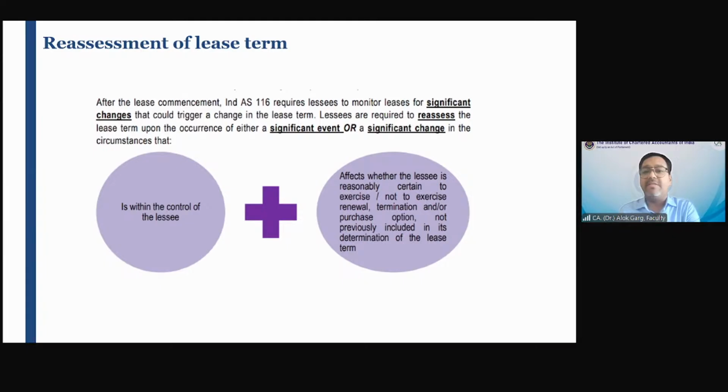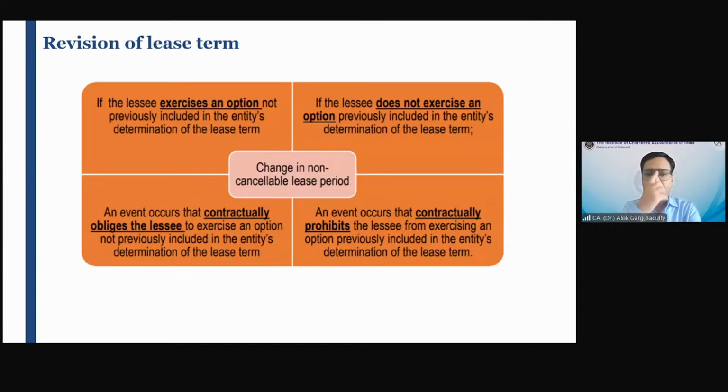So let me give an example. Earlier, at the time of commencement of the lease, lessee was reasonably certain that lessee is not going to avail the termination period, and lessee has concluded that the lease term is 10 years.